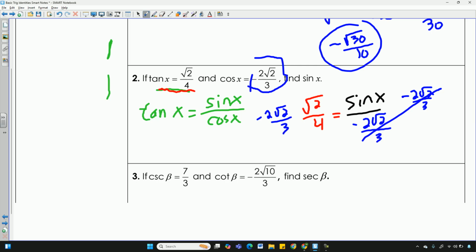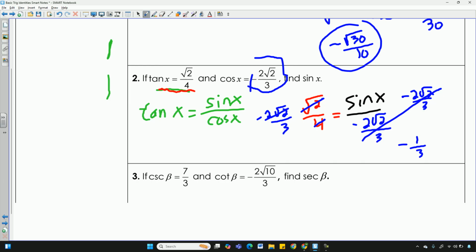So that means that sine of x will come out to negative, well, this is the square root of 4, so this is going to be 2 times 2. It's going to be 4. And because this all equals 4, we can cancel with that. So it should come out to negative 1/3. Okay, that is a start. Let's continue.